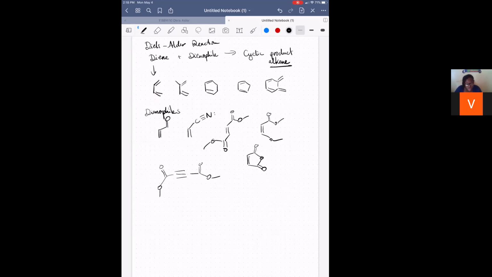And then we can also have another dienophile that's completely cyclical, where we have a complete ring structure, and then we have our carbonyls on opposite ends of our molecule. So those are common dienes and dienophiles that you'll see in your textbook and lecture.